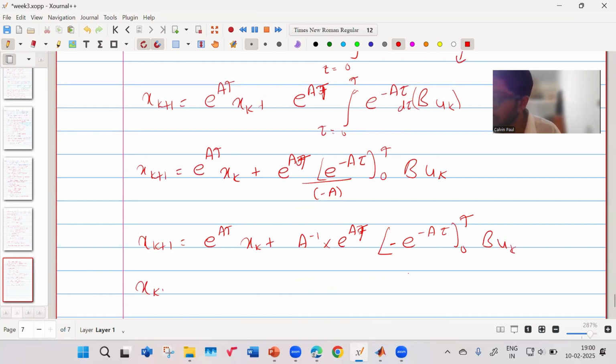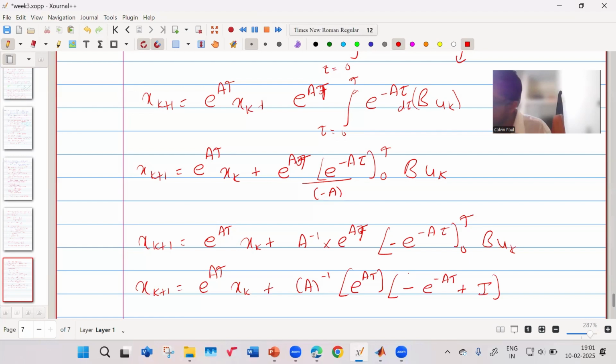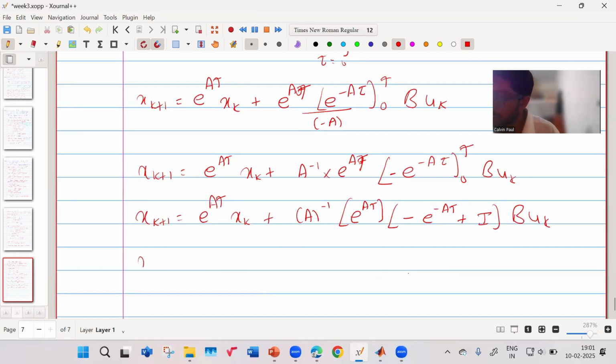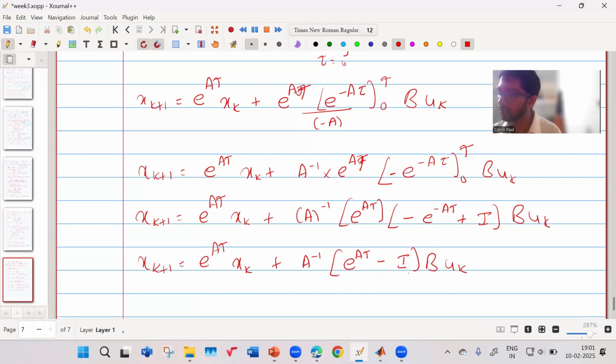So x(k+1) is equal to e to the power A T x(k) plus A inverse, e to the power A T into minus e to the power minus A T plus I, into B into u(k). So that x(k+1) is actually e to the power A T x(k) plus A inverse, e to the power A T minus I, into B u(k), right?